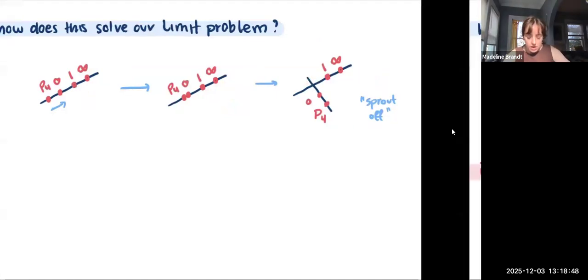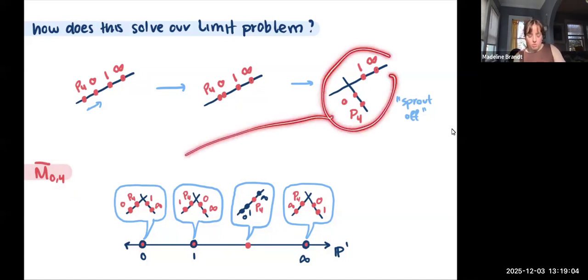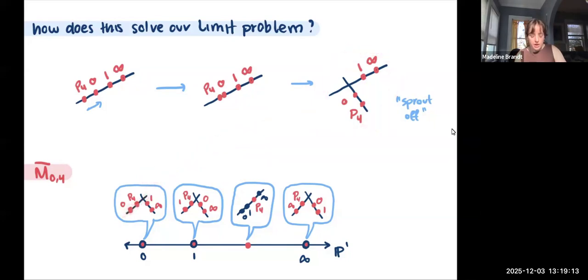So here's how the picture looks now. I'm going to call this compactification M04 bar. We previously had 3 holes right here. And now we've filled in the holes with, for example, this picture where P4 and 0 coincided. We branched those off onto a new component.